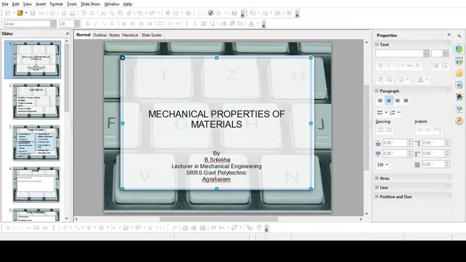The most important mechanical properties that we come across are strength, ductility, malleability, brittleness, hardness, resilience, toughness, fatigue strength, creep, and modulus of elasticity.